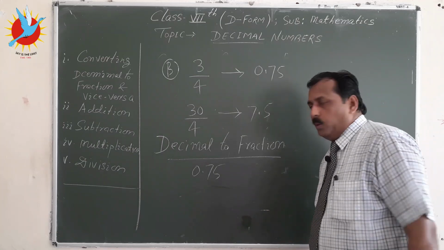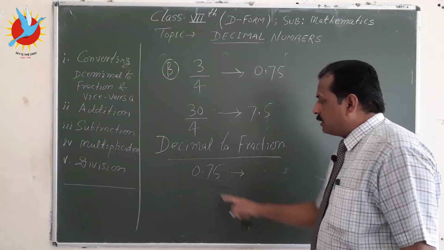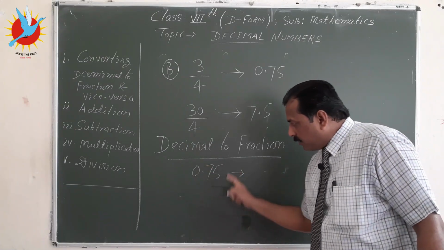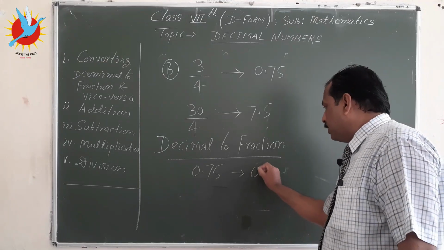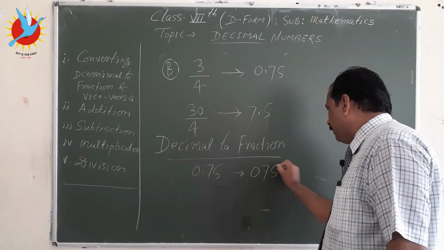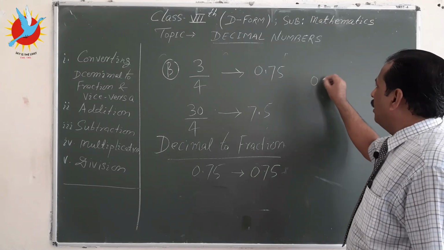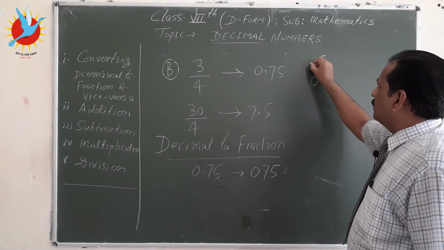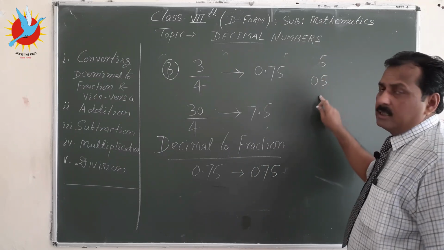So what is the rule? The rule is that you write this number without considering the decimal. Let us say this is 0.75. So 0.75, this 5 can be written as 0.5, the meaning is the same.